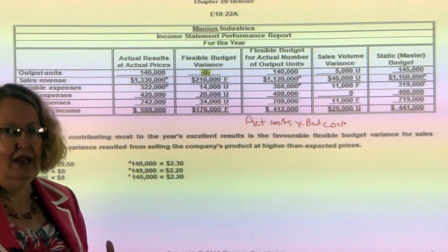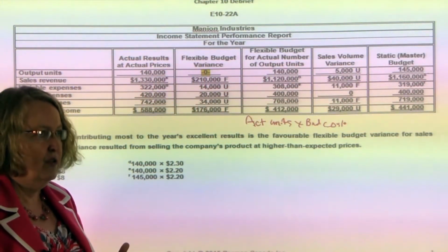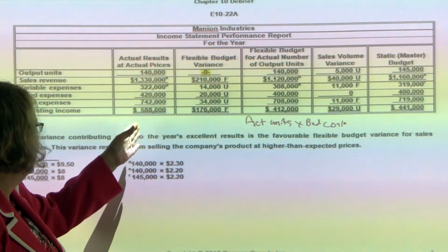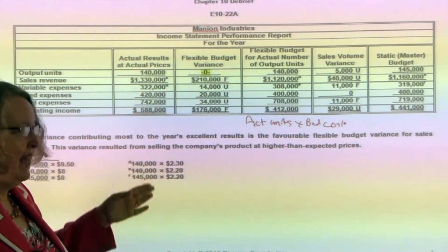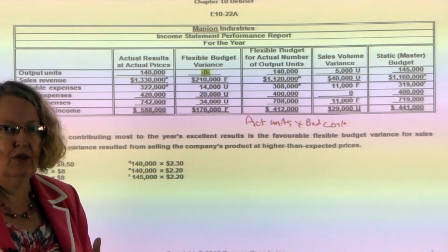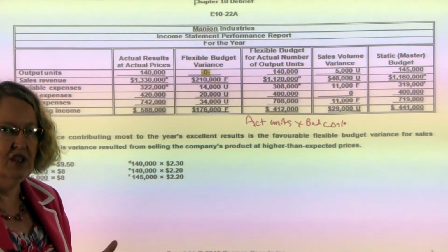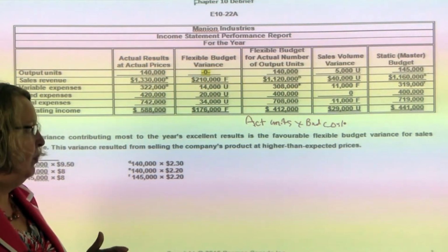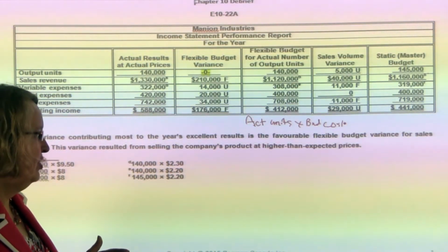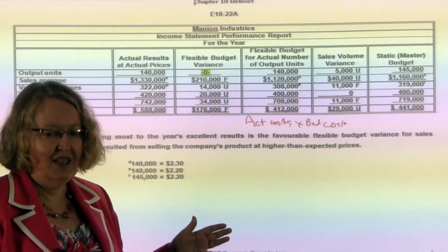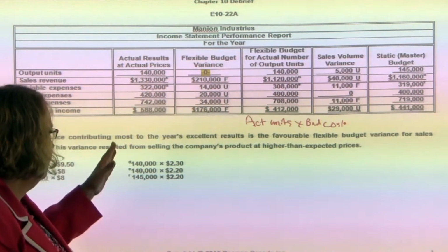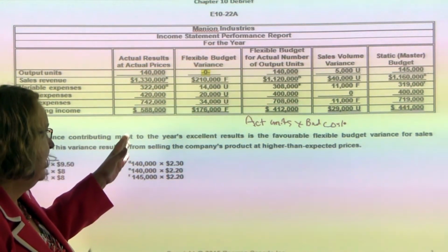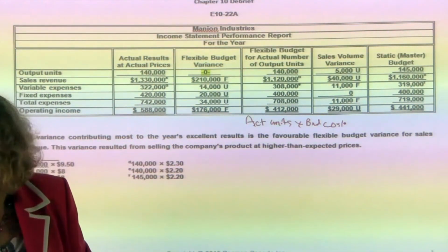So when you're working in a company, your system will give you your actual results. And typically either your accounting system or your spreadsheets, wherever you've prepared your budget, will give you the information on what your budget expectations were. Once you know your actual, you're comparing it to your budget.